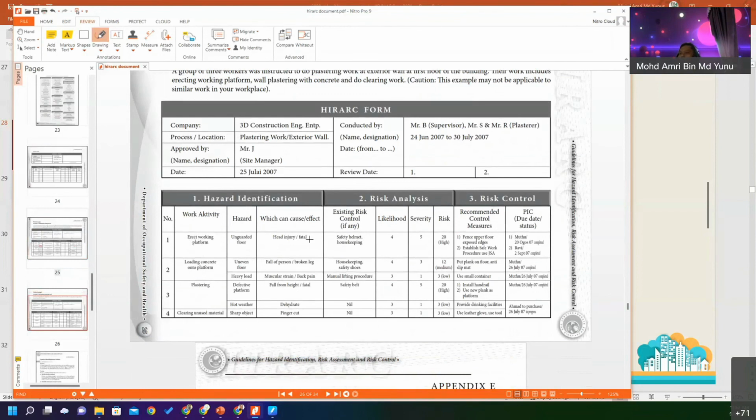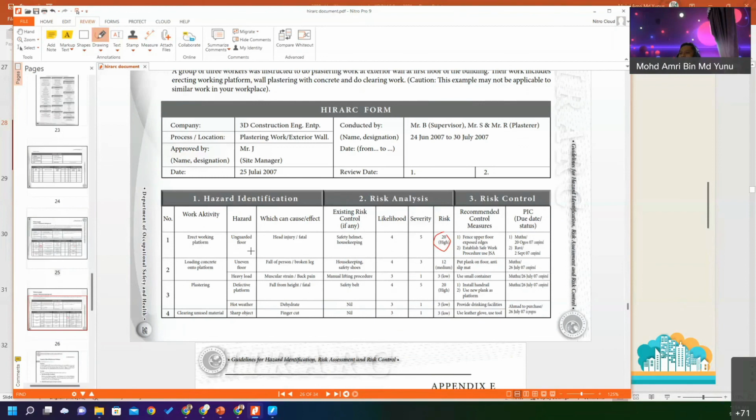Now, look at another example here, which is K20, severity is 20. Erratic working platform, basically like a staging.